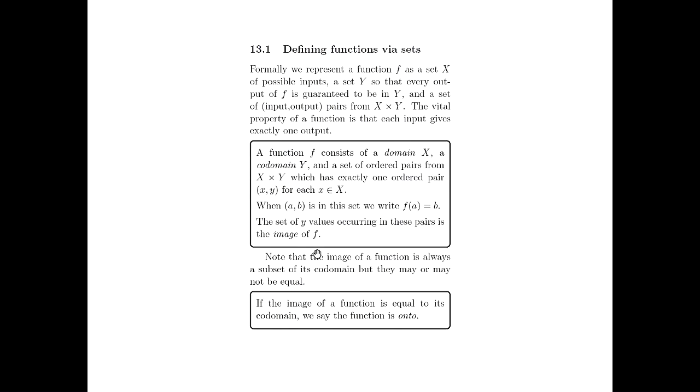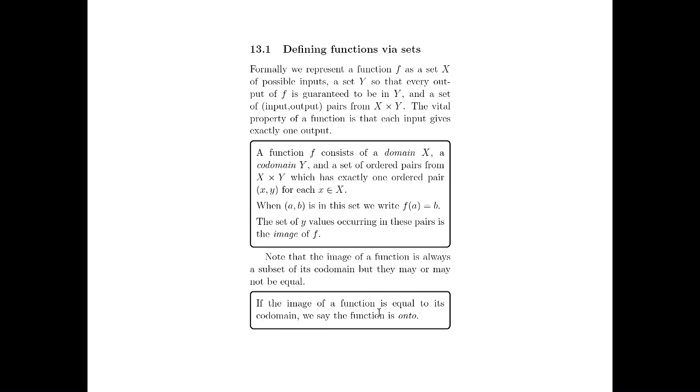But the set of things that actually comes out of the function is called the image of the function. People sometimes also call it range. We'll call it image. So that will definitely be a subset of your codomain, but it may not be equal to the codomain.